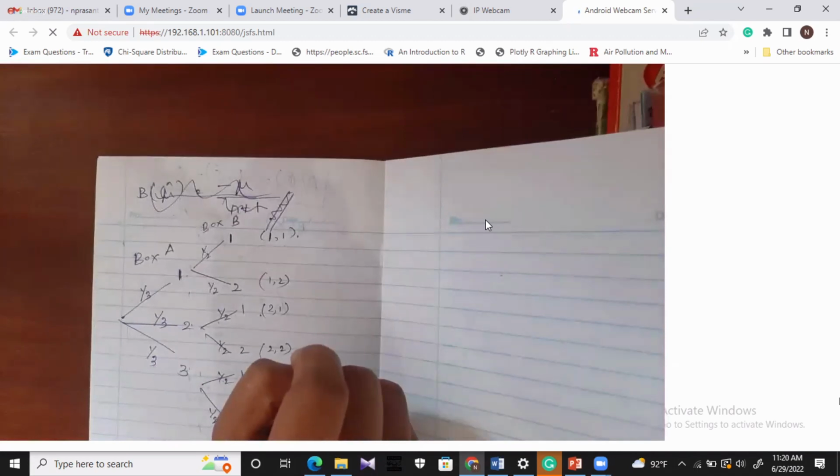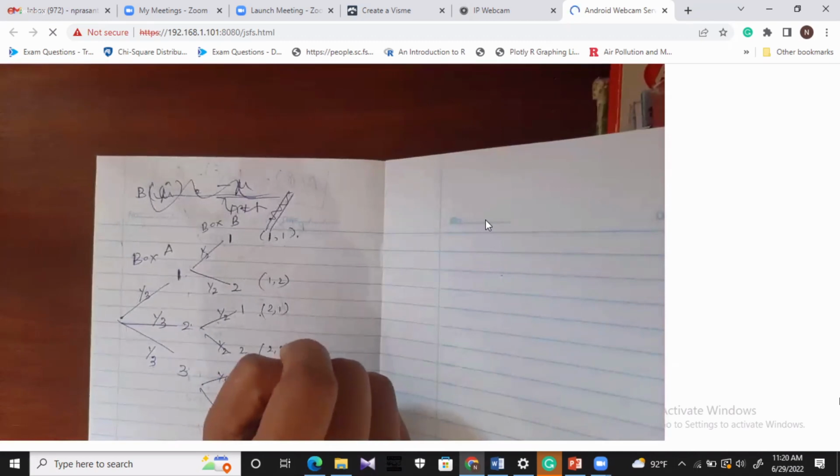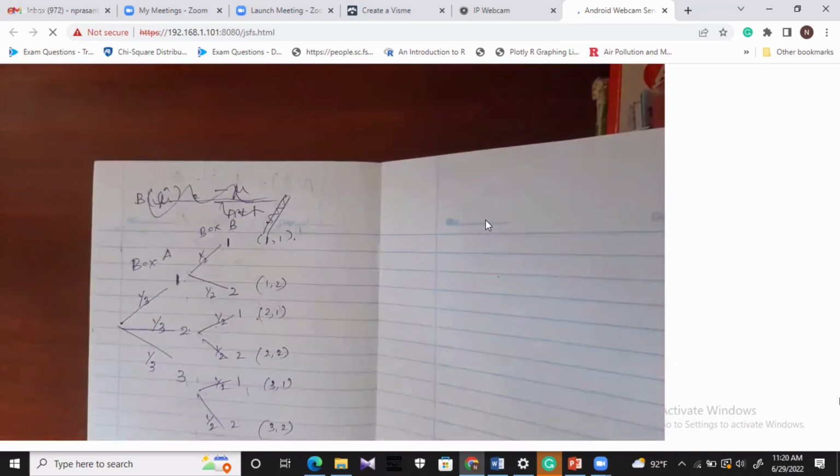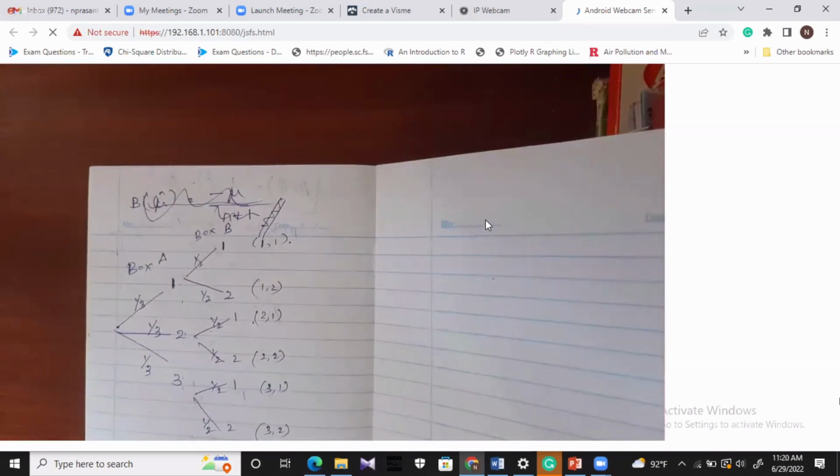Is it the probability of getting 1 or 1, or 1 and 1? What do you think? Yes, your answer is correct. That should be 1 and 1, not 1 or 1.